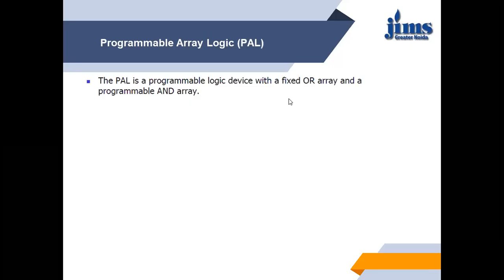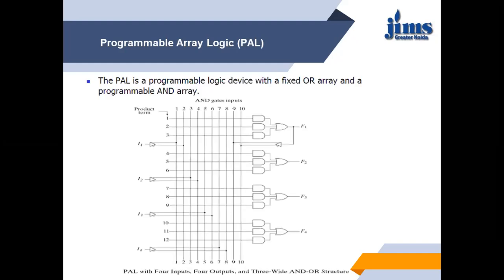As distinct from the PLA, where both AND and OR arrays were programmable, in the case of PAL our OR array, that is the output array, is fixed and we have a programmable AND array. And the structure of the PAL is like this.